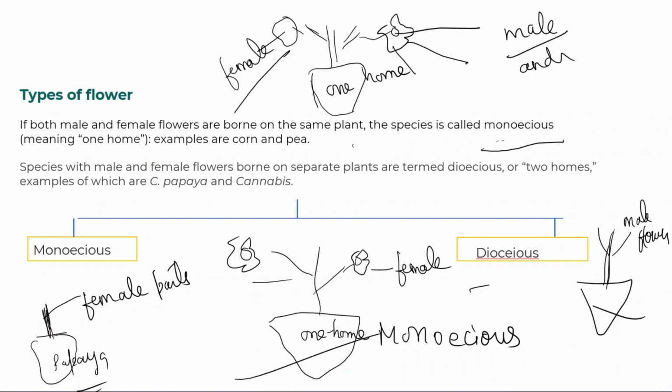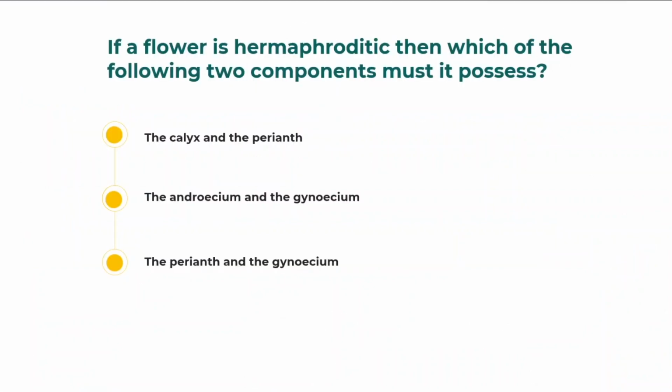So we have two separate plants where the male and female flowers are born separately. So this is known as dioecious. Two homes. One home, two homes. So the papaya and cannabis are examples of dioecious plants, and corn and pea are examples of monoecious plants.